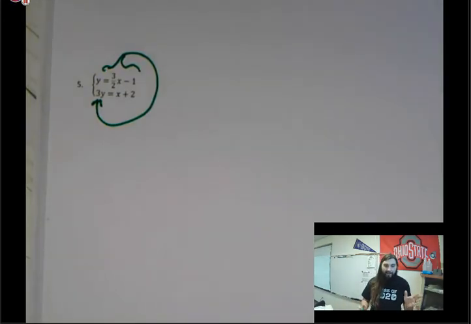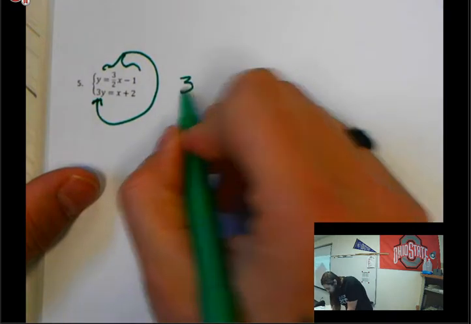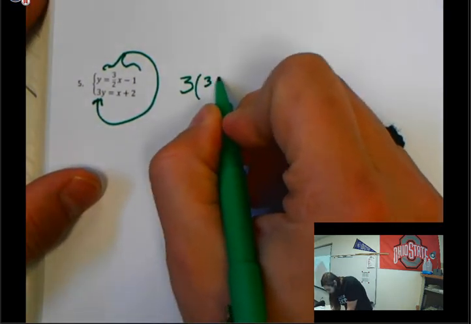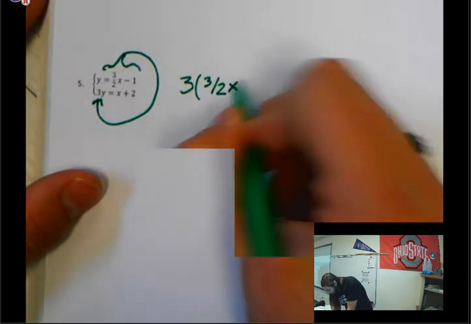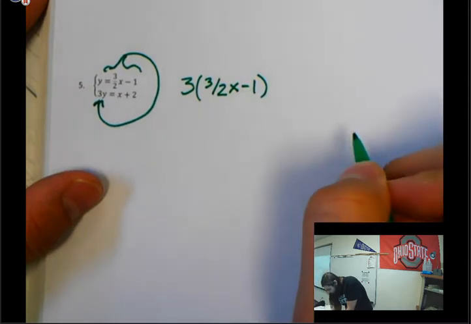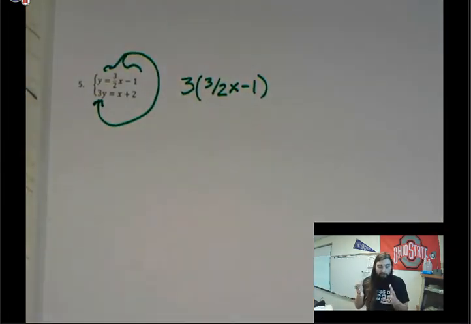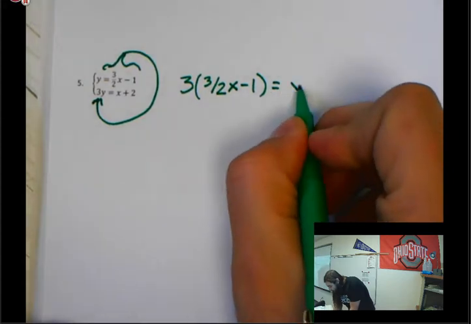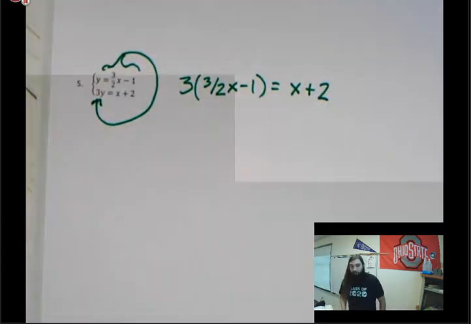So 3/2 x minus 1 is going to go in for y, so our equation now looks like this: 3 times (3/2 x minus 1). So we take the whole expression that y is equal to and plug it into our equation for y is equal to x plus 2.